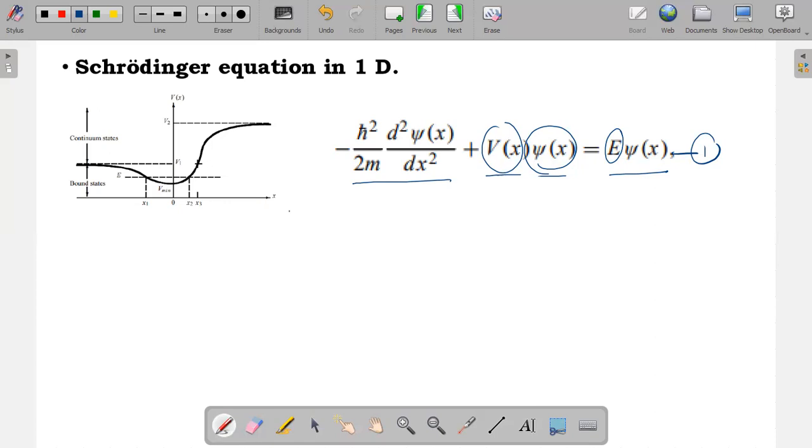For equation 1, the Schrödinger equation for time-independent potentials has stationary solutions, and therefore the general solution is psi of x comma t equal to psi of x e raised to minus i E t upon h cross.